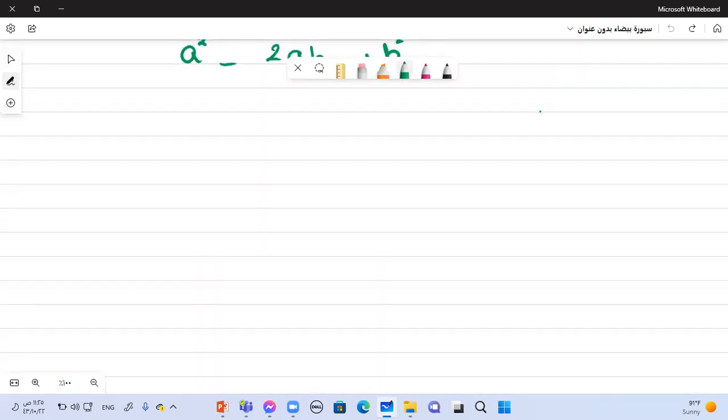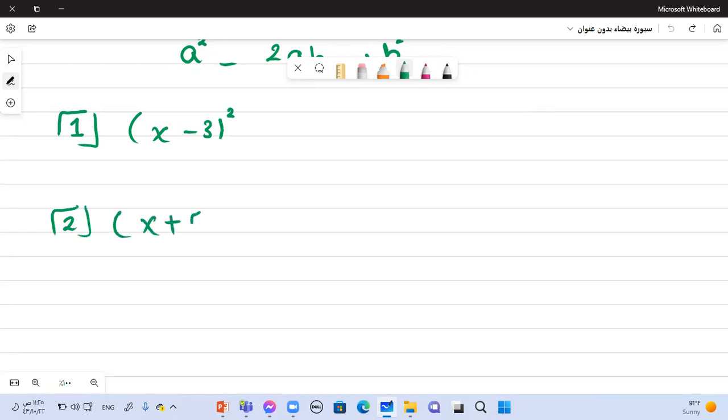If we have any bracket, exercise number 1, maybe x minus 3 power of 2. Another exercise number 2, x plus 5 power of 2. In fact, this bracket is called a perfect square.